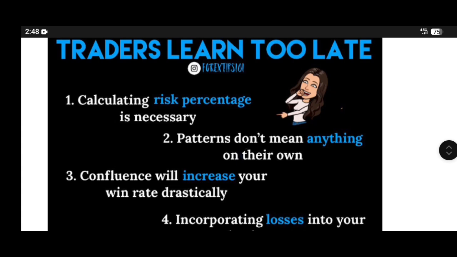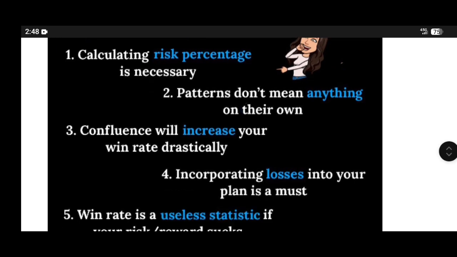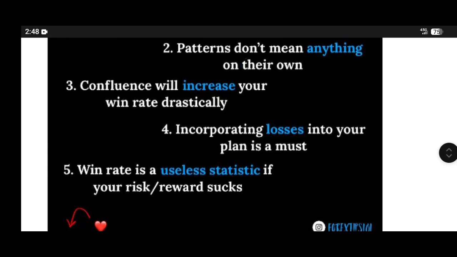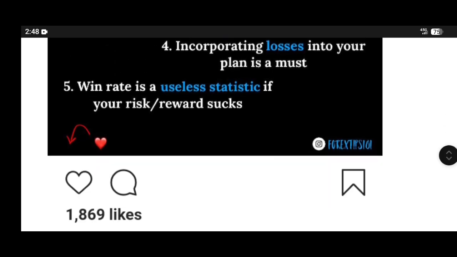Number 3, confluence will increase your win rate. Number 4, incorporating losses into your plan is a must. Number 5, win rate is a useless statistic if your risk reward sucks. Be very, very careful.